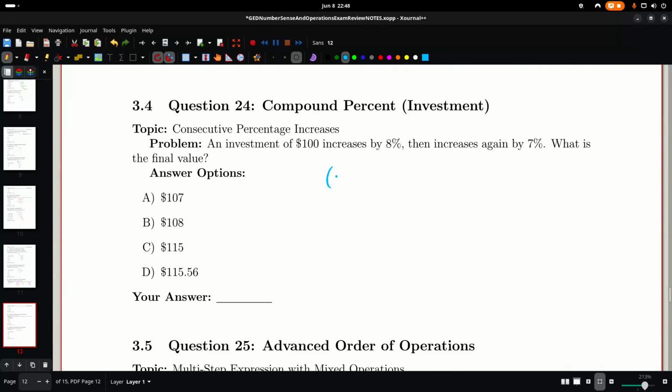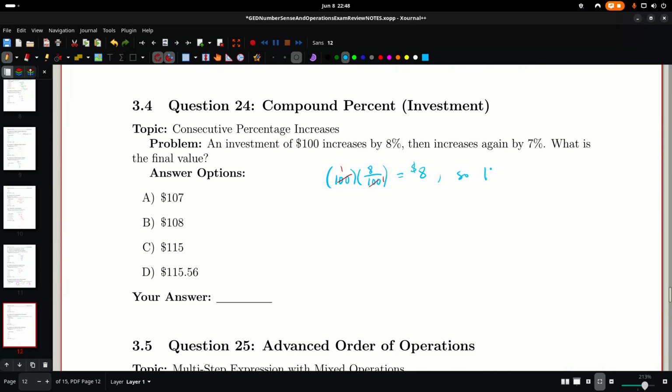So $100, and we're going to have an increase of 8%, and 8% is just 8 over 100. And so if we divide 100 by 100, we get 1. So that means our increase has to be $8.